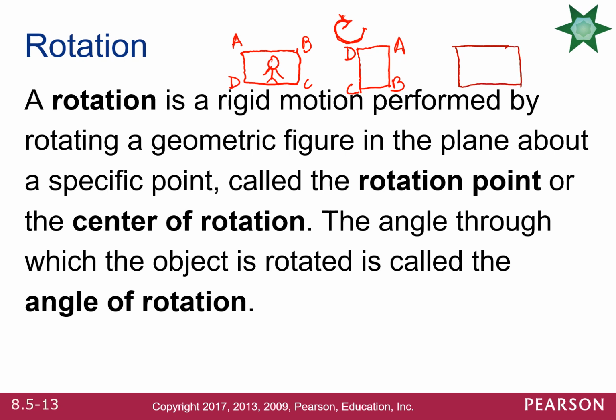It'll look like this. Only thing is whoever is in the picture will now be upside down. So A comes here, B comes here, C comes here, and D comes here. Whereas over here, when we rotated it 90 degrees, this is how the picture looked.